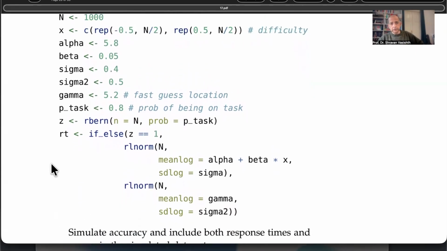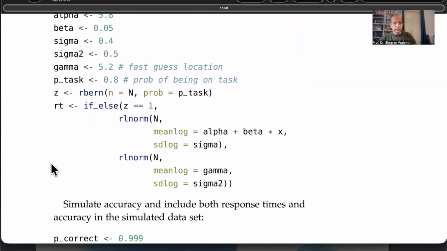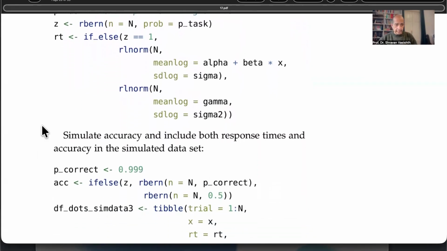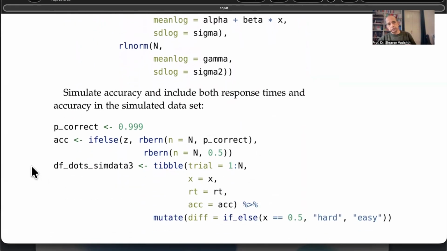So this is nothing new, right? This is all just like before. And what's new in the simulation will be that we're also going to produce some accuracies based on the indicator variable, right? That will determine which Bernoulli we are sampling from.